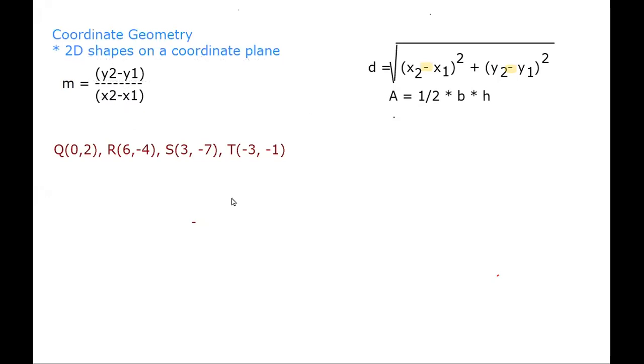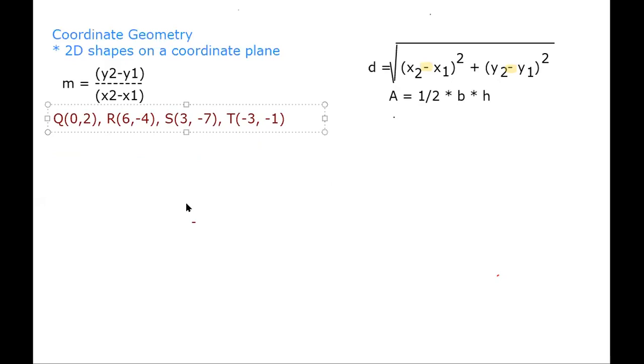So we're going to be looking at sides of a quadrilateral and comparing the slope to see, are they parallel? Are they not? Are the sides the same length? Are they different? And it's going to help you to graph this on a coordinate plane so that you kind of know what side you need to be comparing.